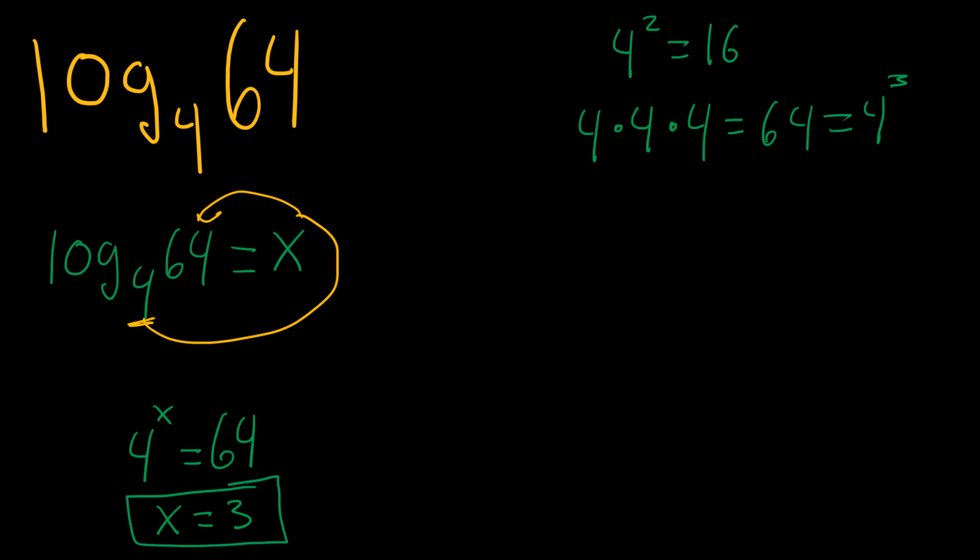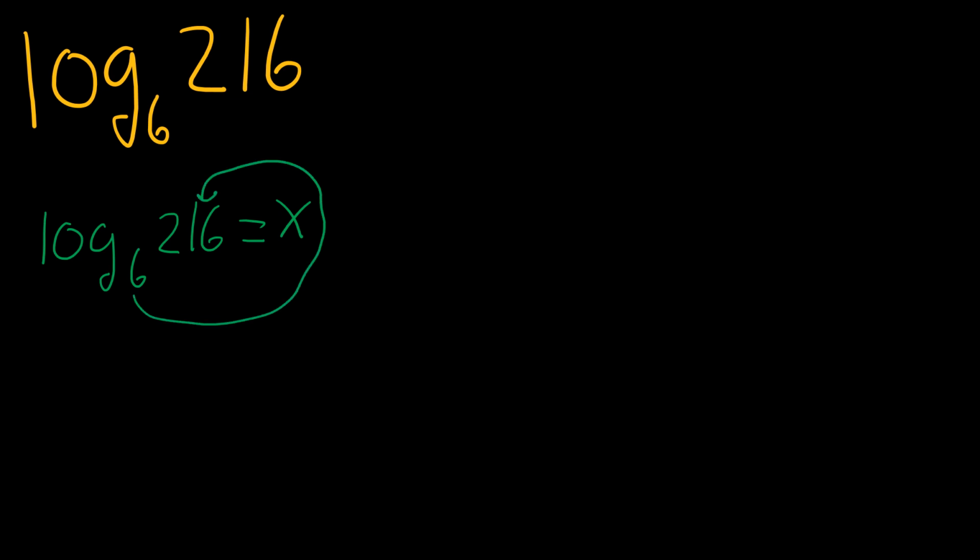Let's work another problem. So let's say I have log base 6 of 216. The first thing I'm going to do is rewrite this equation. Say it equals x. Now I'm going to put it in exponential form. So I'm just going to go 6 raised to the x power gives me 216.